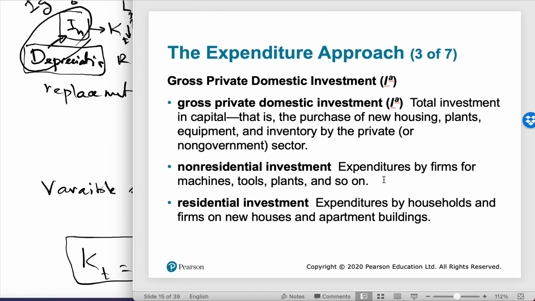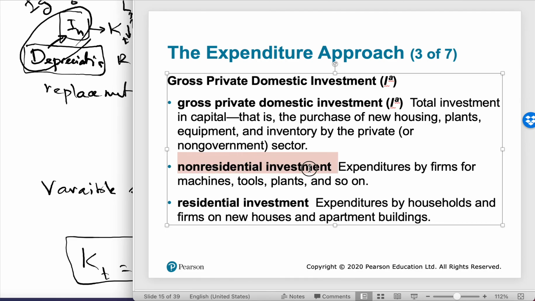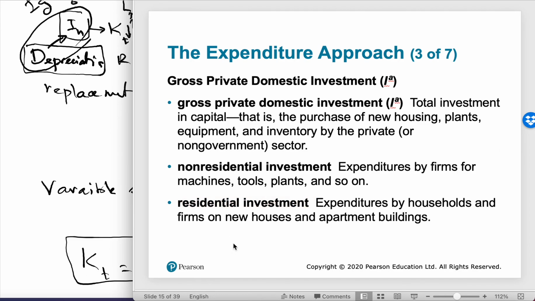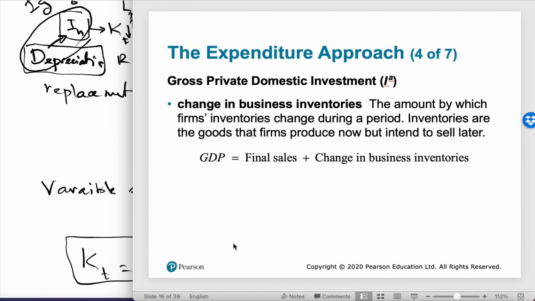And non-residential investment also, I told you that should be here. If this is done by the firms, this is done by the families for residential housing. It's been categorized. This is the way that they have designed it. There's no further explanation I can give.